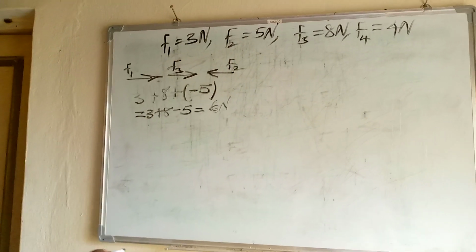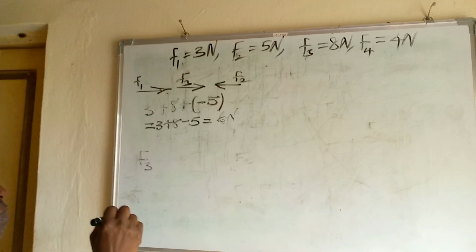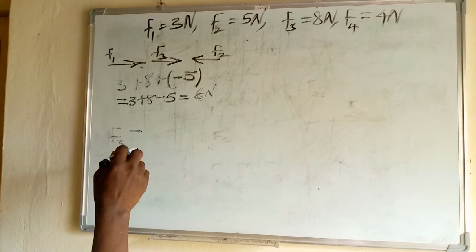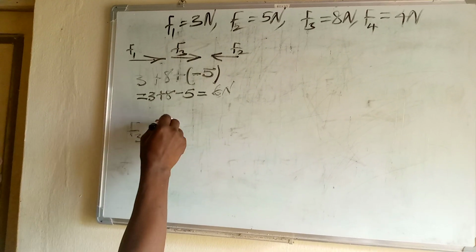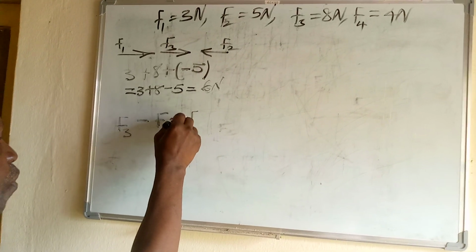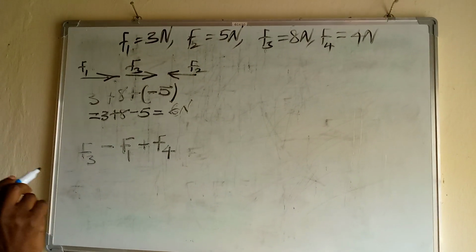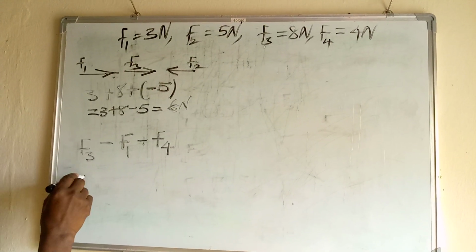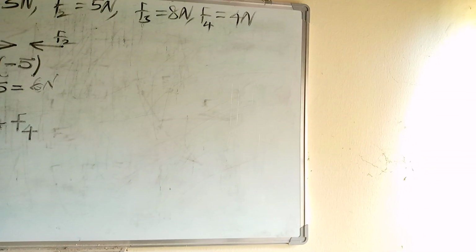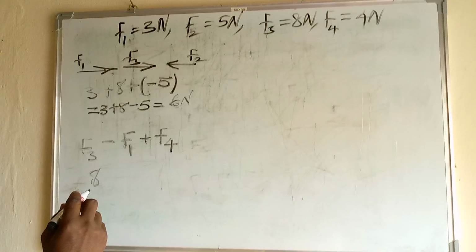Now, if we want to find the resultant of, let's say, F3 minus F1 plus F4, if we take the direction of F3 as positive, that means 8, which is positive.